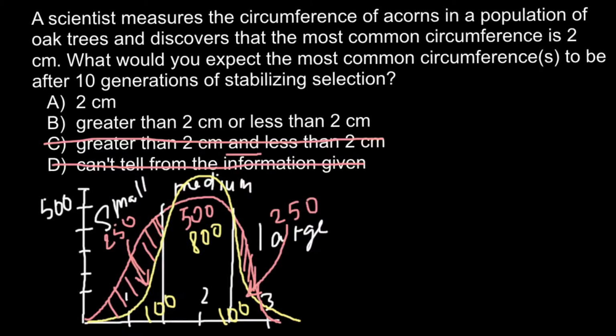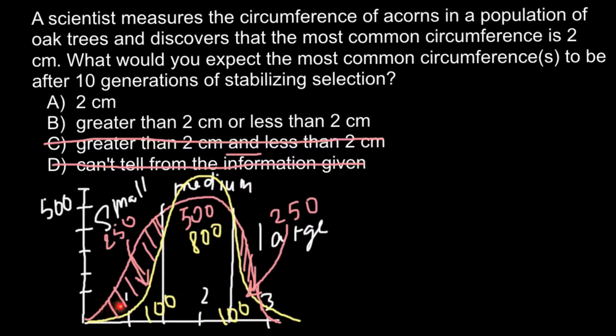And answer B, greater than 2 centimeters or less than 2 centimeters, gives us two possibilities to draw two different pictures. One would be a wave with preference for the small-sized acorns, so it would look like this, with less of this phenotype and this one, and another one, so this would be less than 2 centimeters, and another one greater than 2 centimeters.